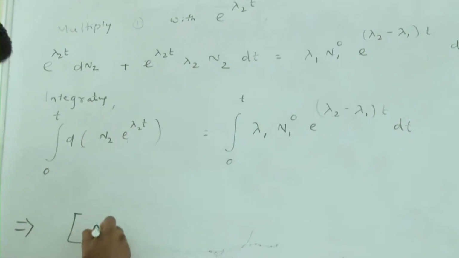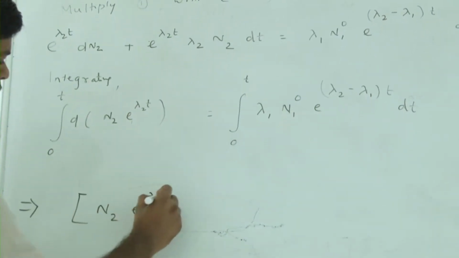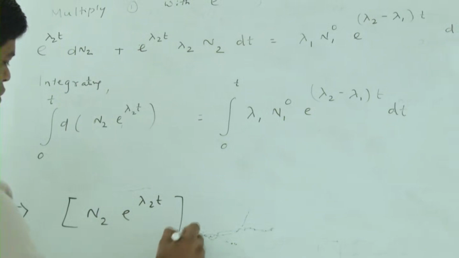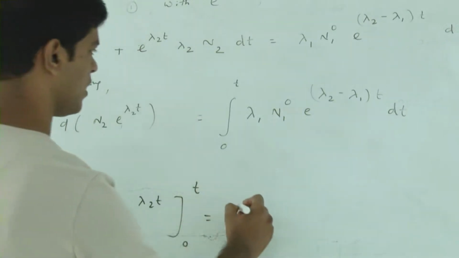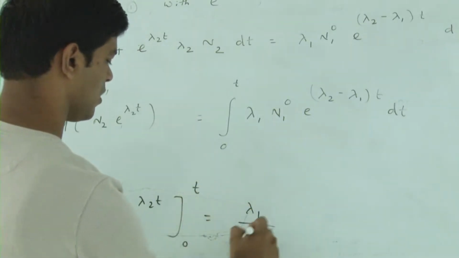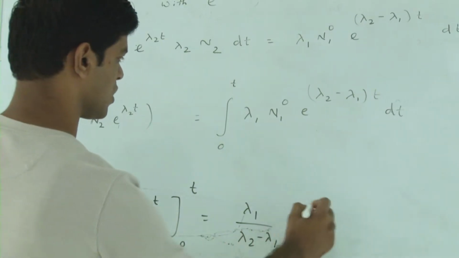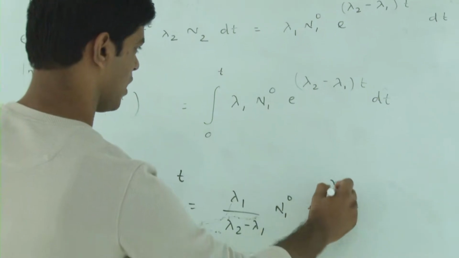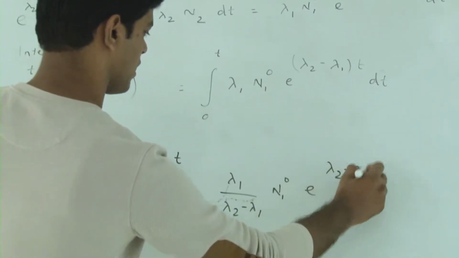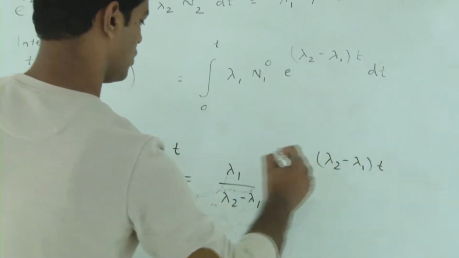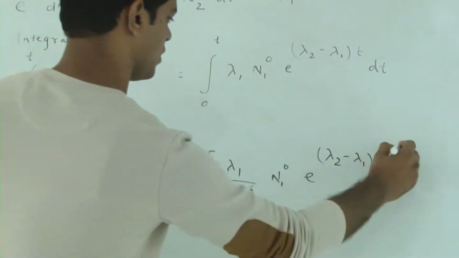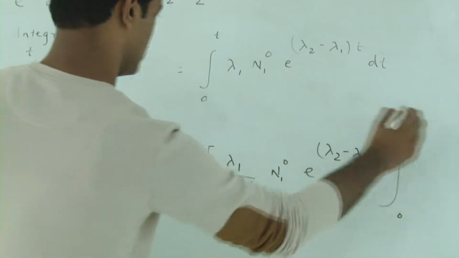So, this is N2 e to the power lambda 2 t from 0 to t, and this will be lambda 1 divided by (lambda 2 minus lambda 1), N1 0 of course is a constant, e to the power (lambda 2 minus lambda 1) t between 0 to t.